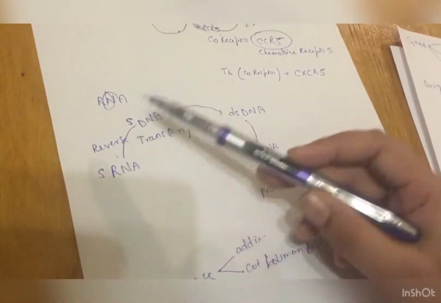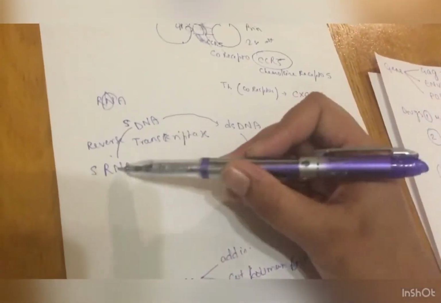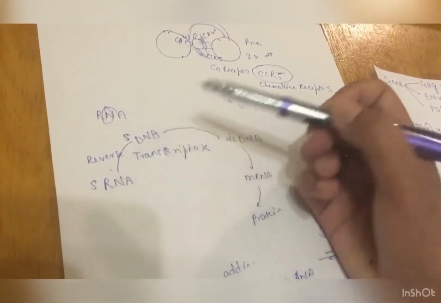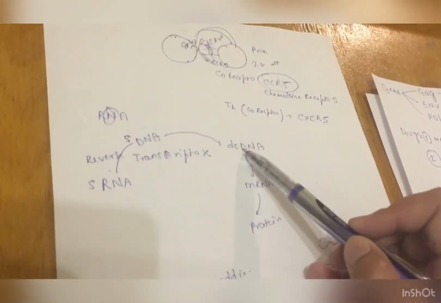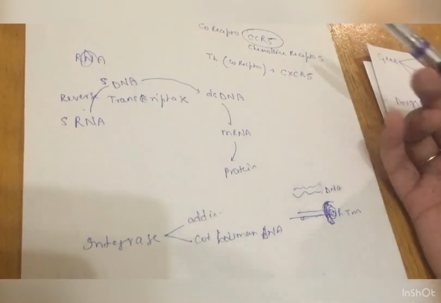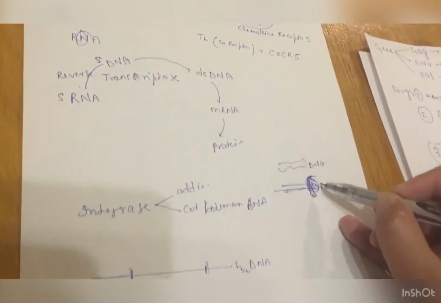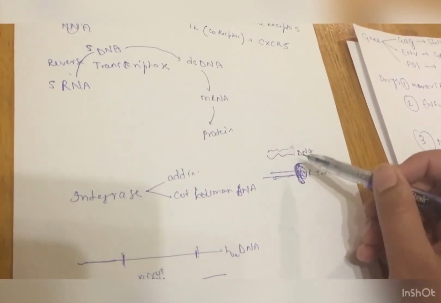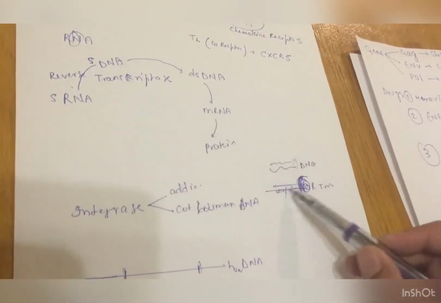Now how does transcription happen? There is a single stranded RNA. From single stranded RNA, first single stranded DNA is formed, and the enzyme working is reverse transcriptase, and from single stranded DNA double stranded DNA is formed, and from double stranded DNA mRNA and protein are formed. The function of reverse transcriptase is that it helps in formation of single stranded DNA, and once single stranded DNA forms, it catabolizes the single stranded RNA.